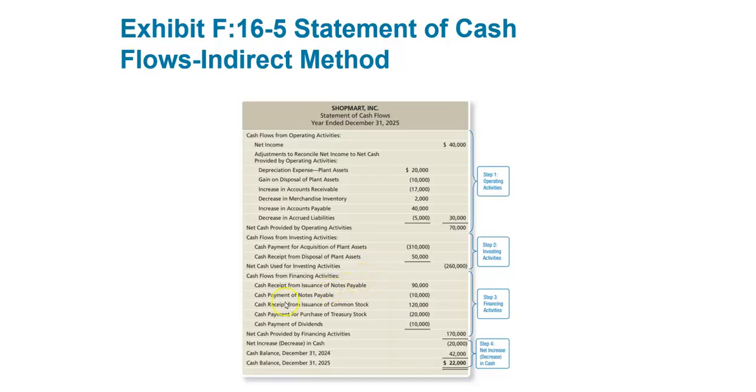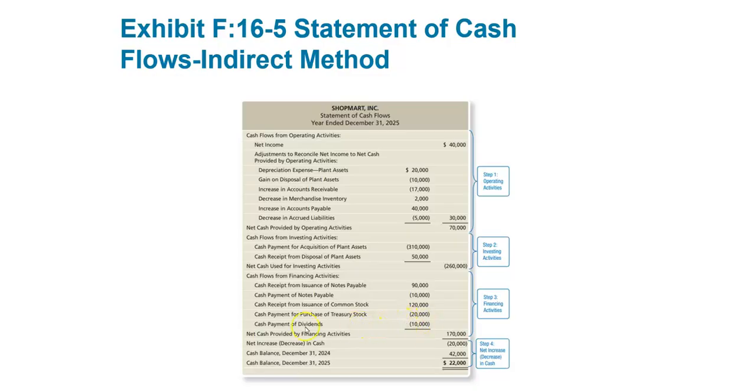And then there's financing. Receipt from issuance of a notes payable, we received cash. Cash payment of notes payable, we paid out cash. Cash receipt from issuing of common stock, we received cash. Cash payment for purchases of treasury stock, cash was an outflow. Cash payment of dividends, remember I told you before, the difference between the retained earnings was the $10,000.